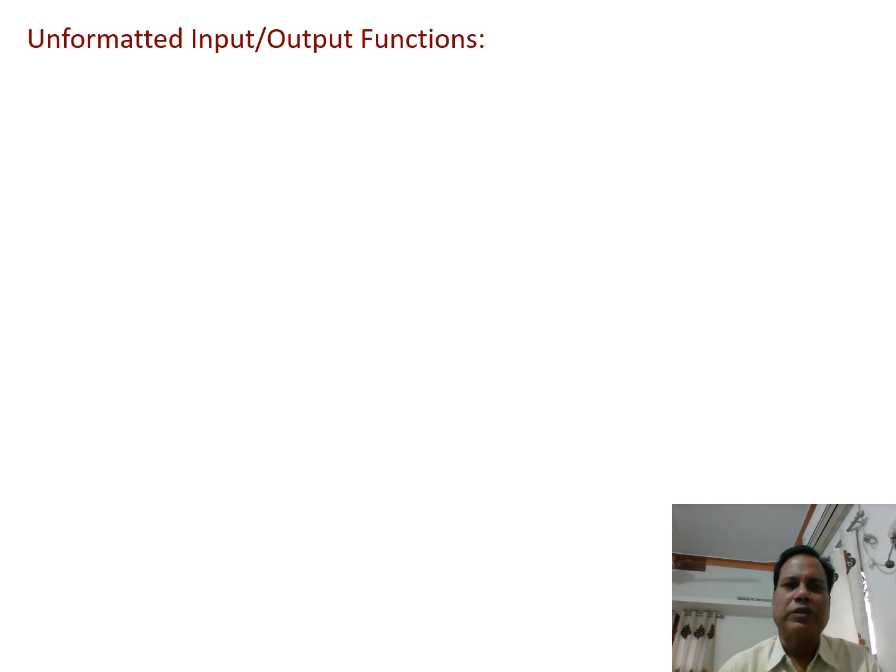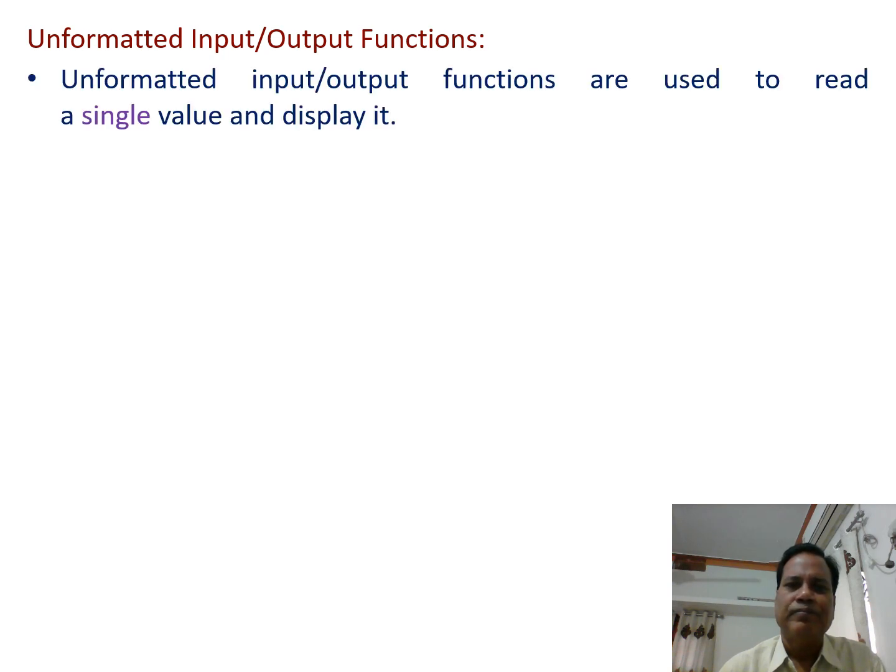Today we have to discuss unformatted input-output functions. So what are unformatted input-output functions? We have to think about it. Unformatted input-output functions are used to read a single value and display it.